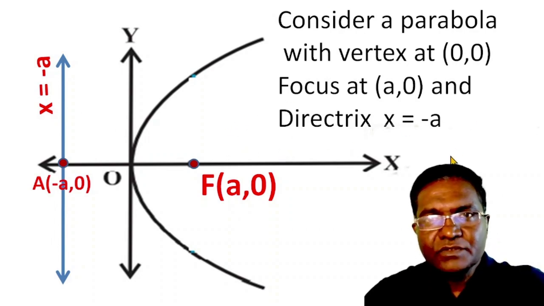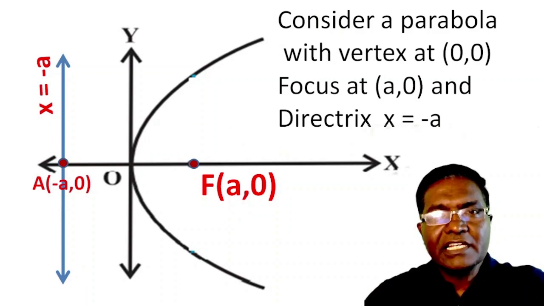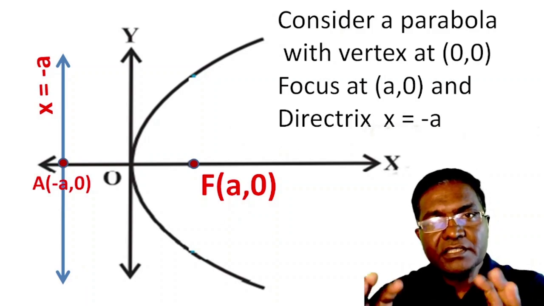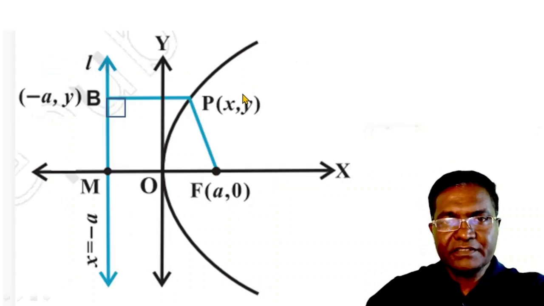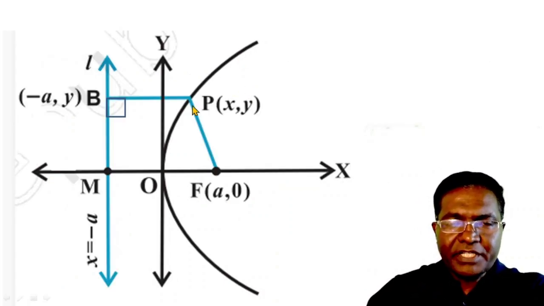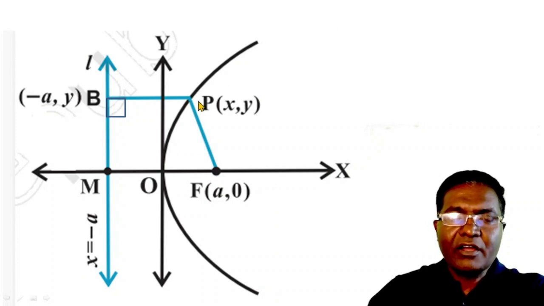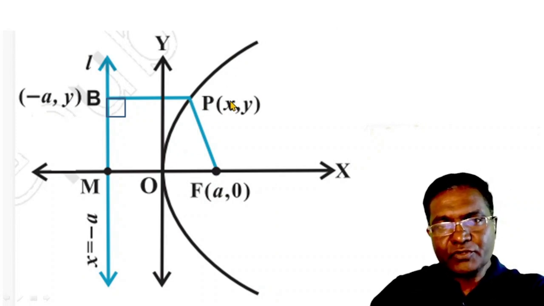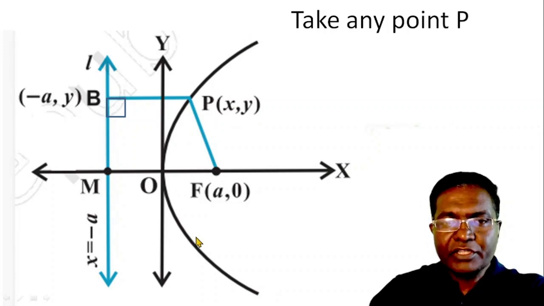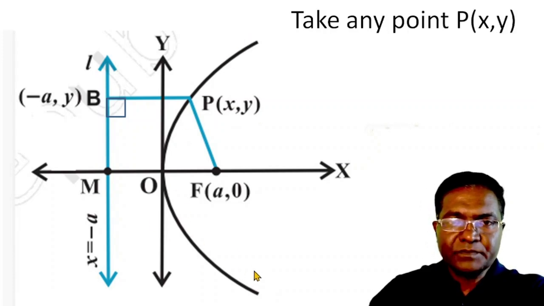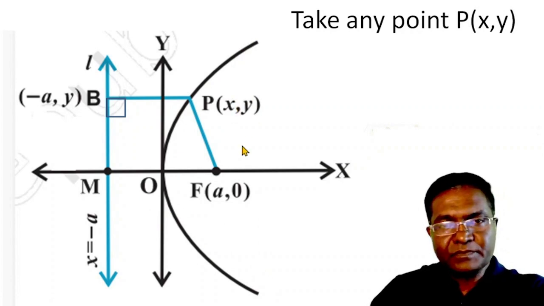After that, in order to prove any general equation, you need to consider a general point on the required curve. So we take a point P x comma y on the parabola.